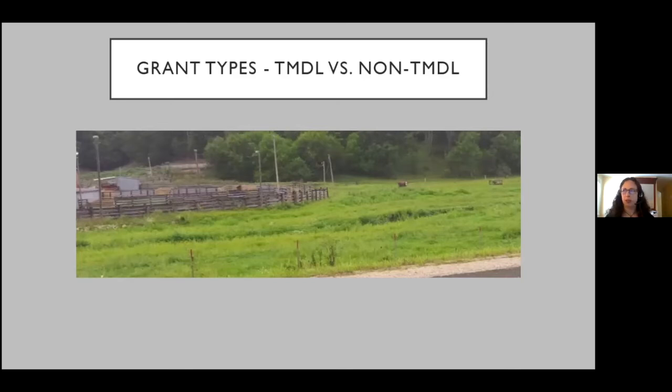So let's consider the TMDL scenario. Is stream bank stabilization an eligible TMDL TRM project? We already learned that both TMDL and non-TMDL TRM grants can address noncompliance with NR 151. So the answer has to be yes for the same reason and under the same conditions that the non-TMDL projects are eligible.